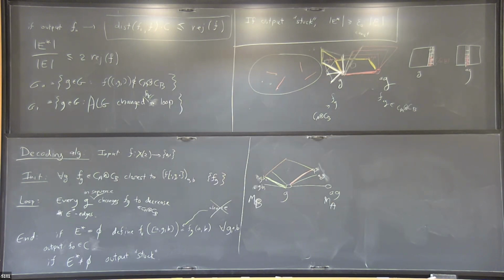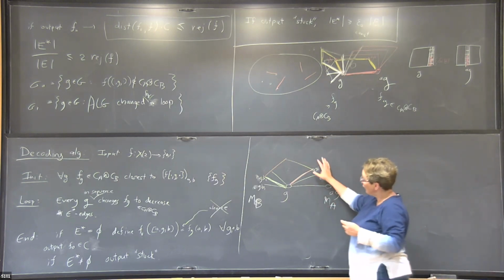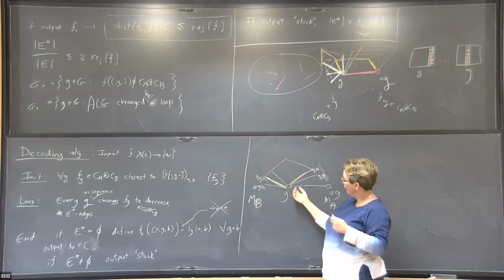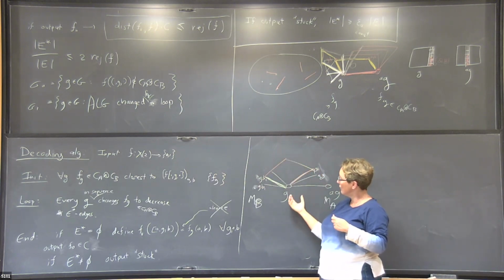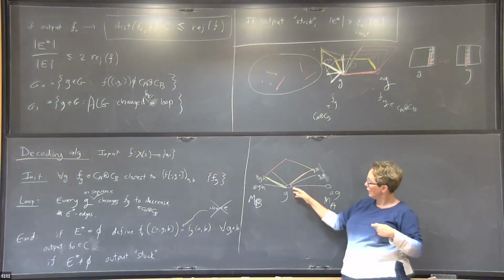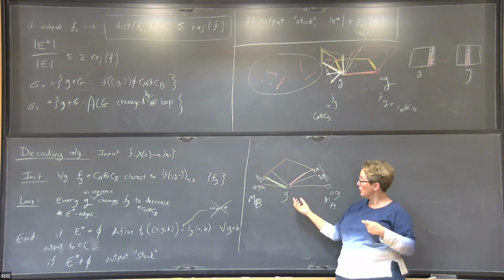Okay, so if many of the neighbors agreed, it would mean that G has a value that it could have flipped to that would agree with a lot of its neighbors. But we know that G.